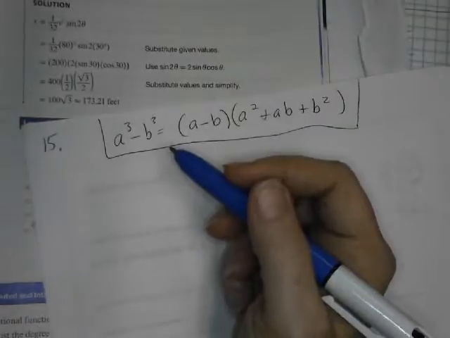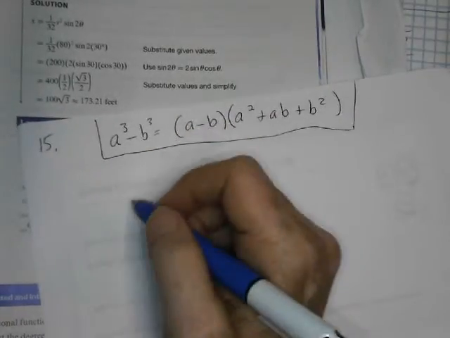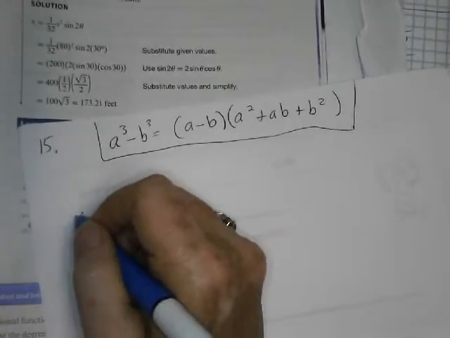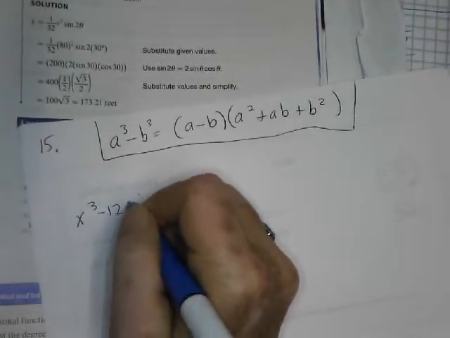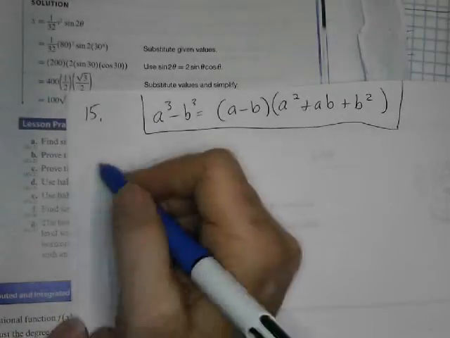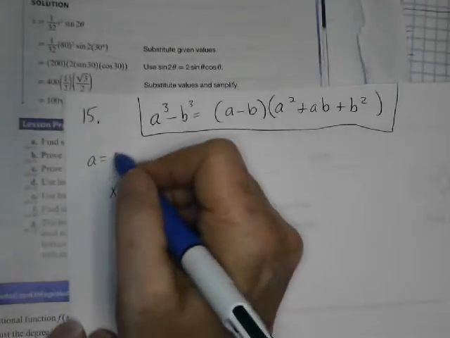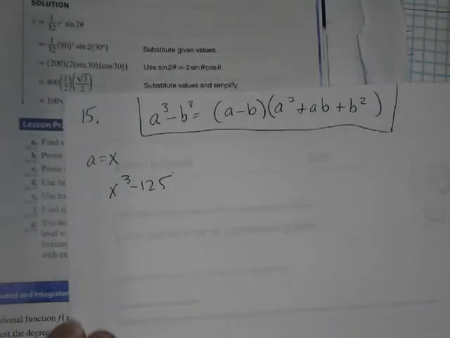So I'm going to write this. What I have is x cubed minus 125. So x cubed, or I could say a equals what? It equals x.